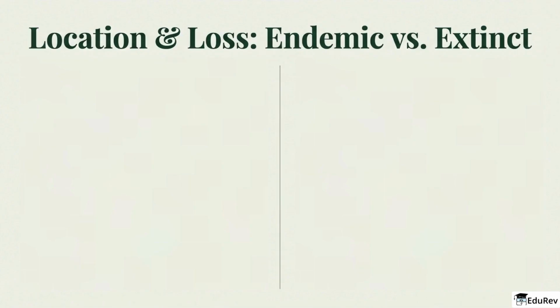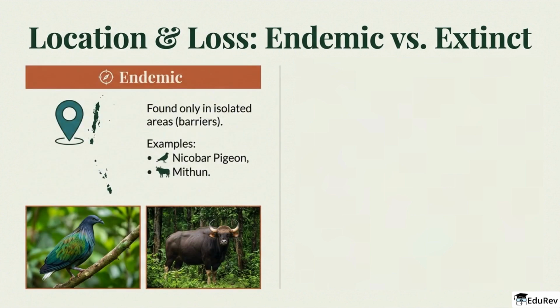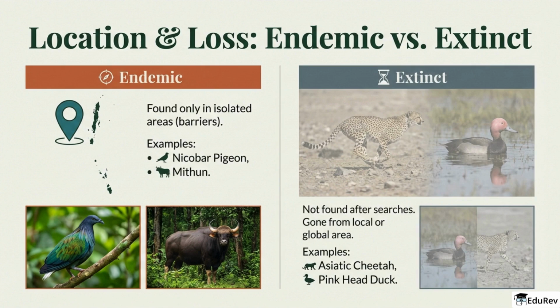Now another pair. Endemic versus extinct. An endemic species is found only in a specific restricted area, usually because natural barriers isolate it. So endemic is about limited location. The examples given here are Nicobar pigeon and mithun. Now compare that with extinct.